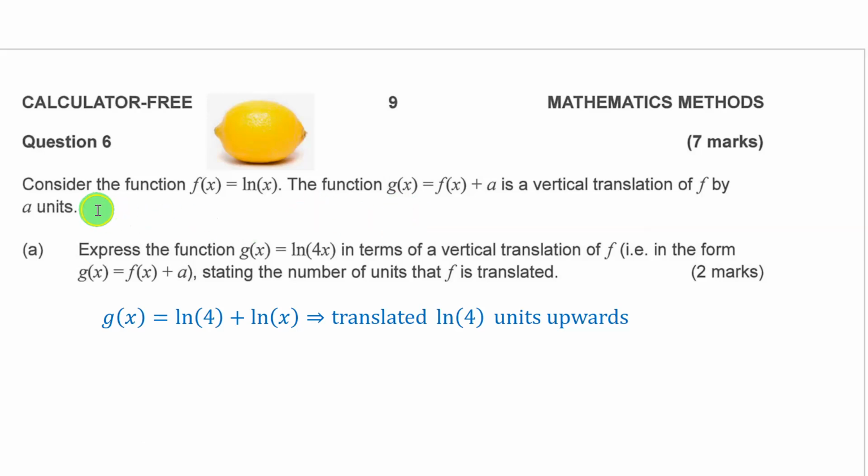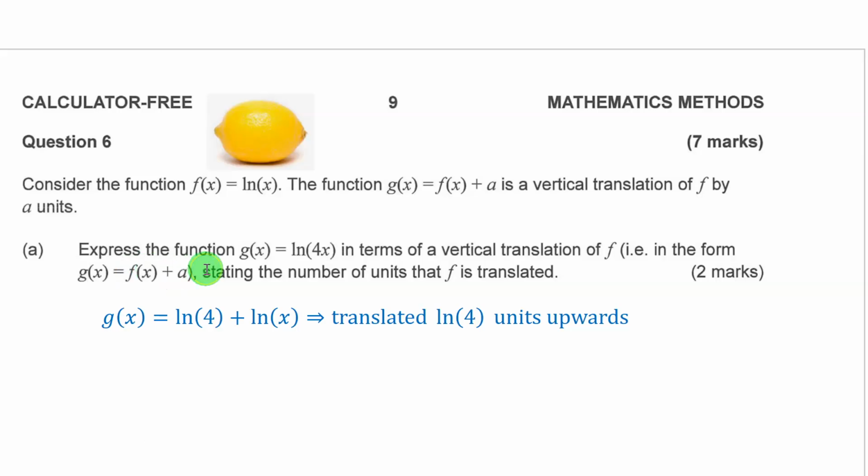So we're given f of x is the natural log of x, and the function g of x is the transformation of this, a vertical translation by a, we're told that. And then we're asked to express g of x, which is log of 4x, in terms of a vertical translation of x, i.e. write it out in the form g of x is f of x plus a.